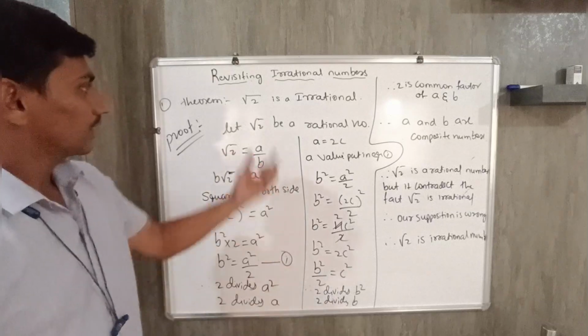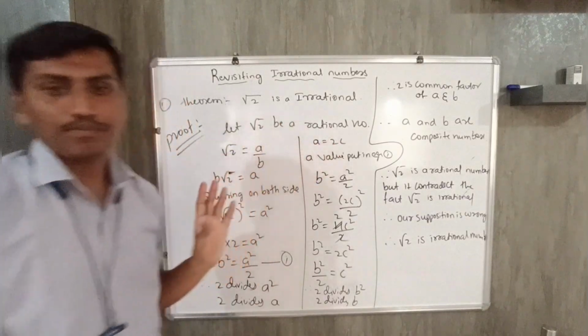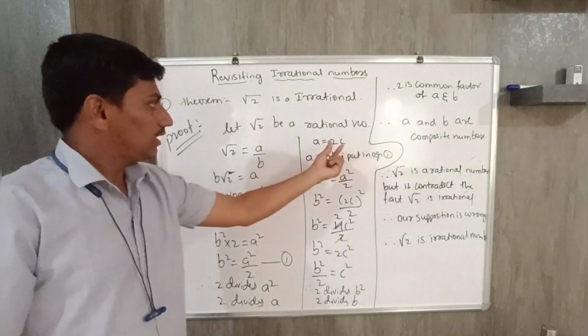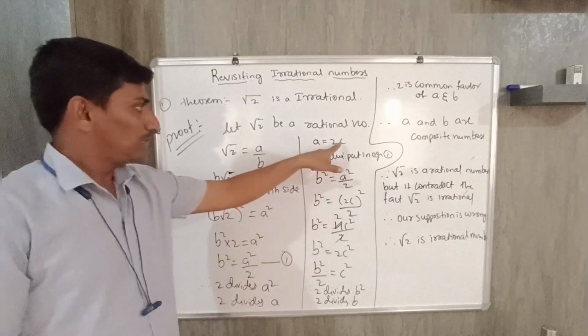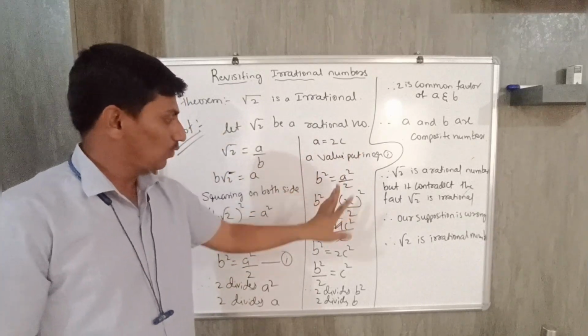So okay, next one. a equal to 2c. How do we find 2c? Okay, so a equal to 2c, then we put the value of a in equation 1: b square equal to a square by 2.